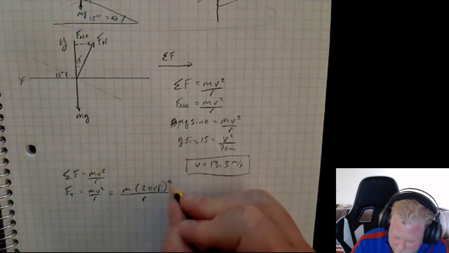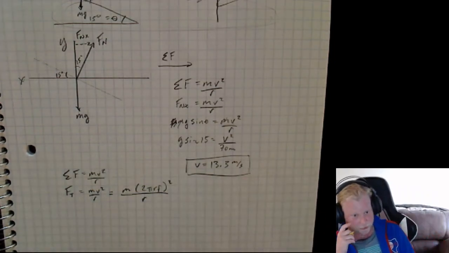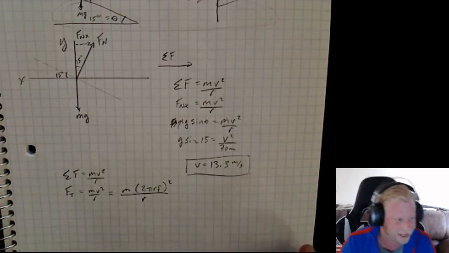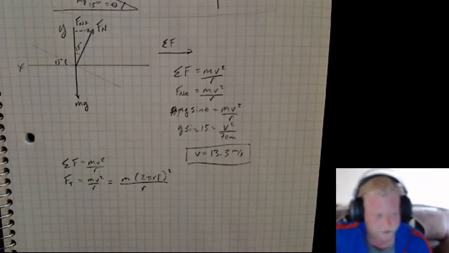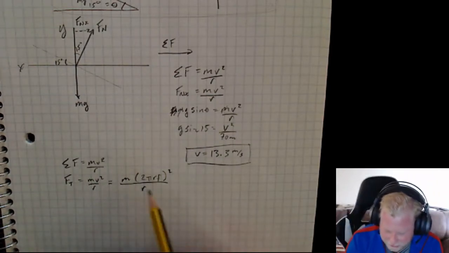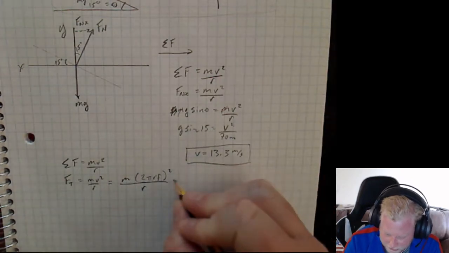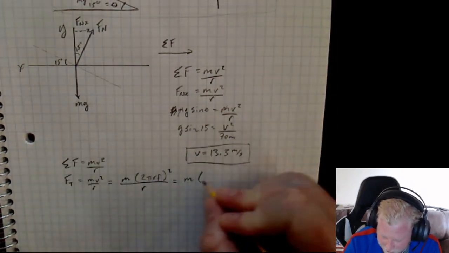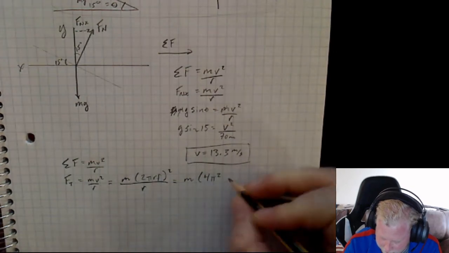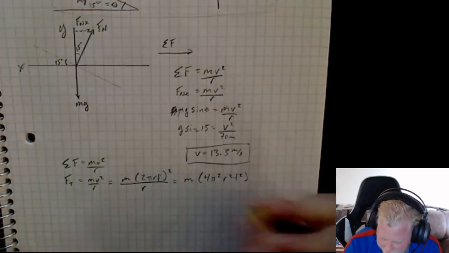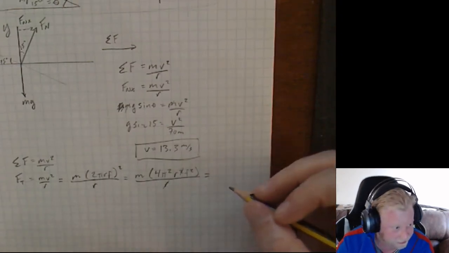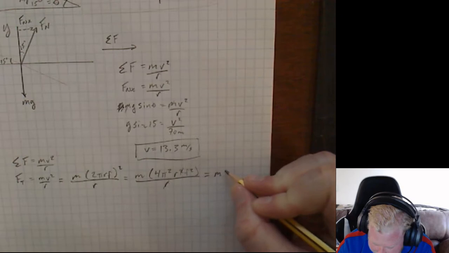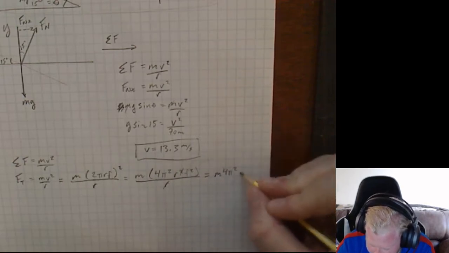Because we're given frequency as one of these variables, let's plug in the equation for velocity using frequency as a variable. So T equals m times (2 pi r f) squared over r. Let's continue with this: 4 pi squared r squared f squared over r. One of these r's can cancel, and we're left with a statement of the force of tension as mass times 4 pi squared r f squared.